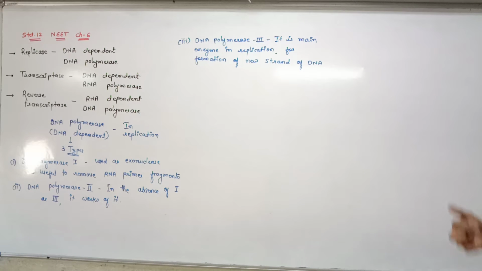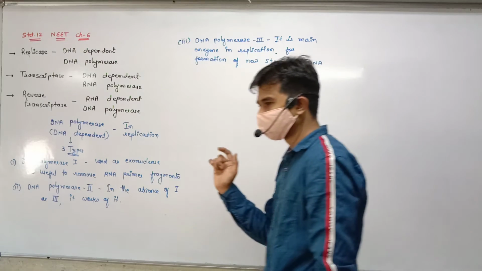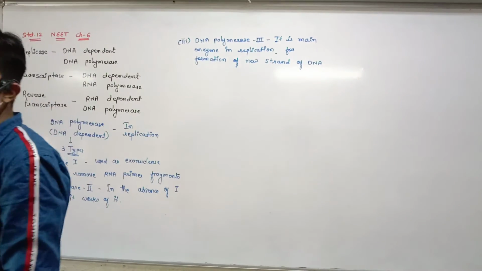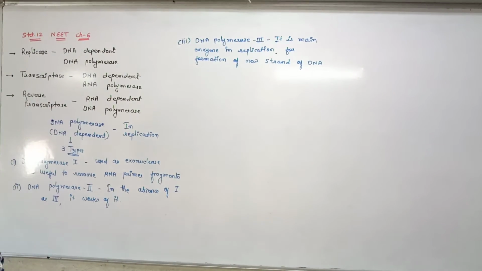Whereas the opposite strand is known as the lagging strand. It is the discontinuous one, and on the lagging strand, first an RNA fragment, the RNA primer, is there, then a DNA fragment, then an RNA primer, then a DNA fragment, then an RNA primer, and then a DNA fragment in this way.